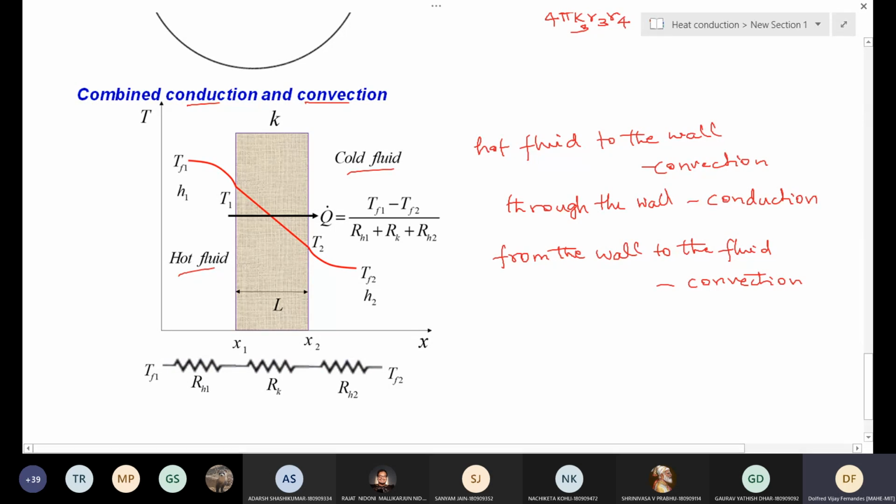Now you may be having doubts, right? Is it only conduction and convection that are combined? What about radiation? Every body radiates.